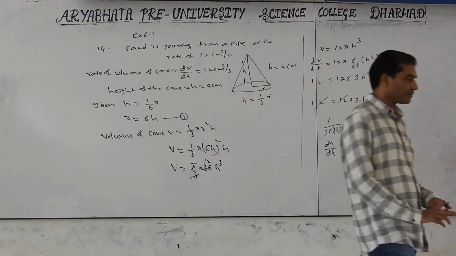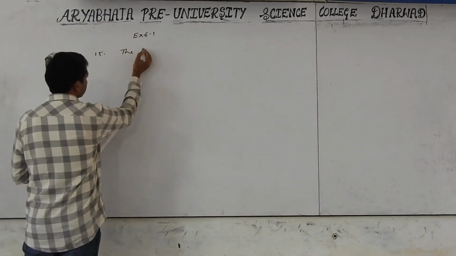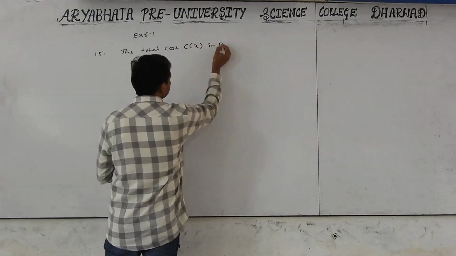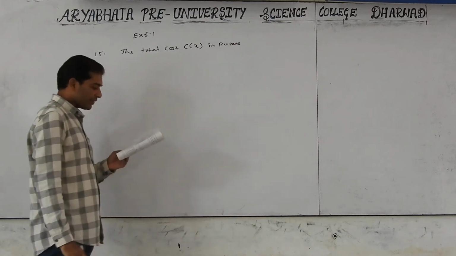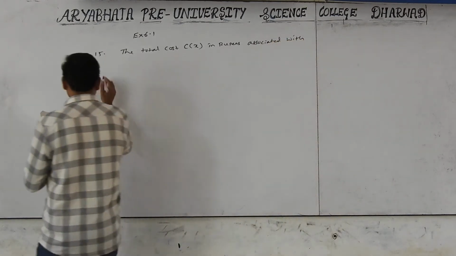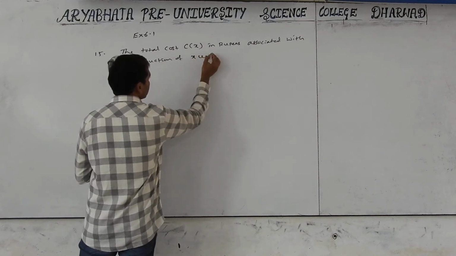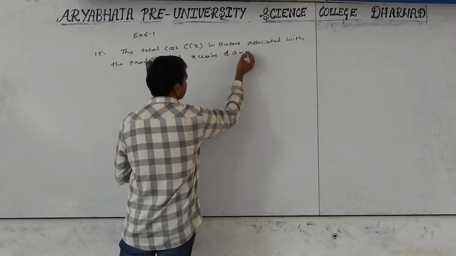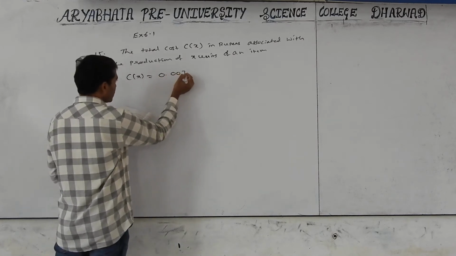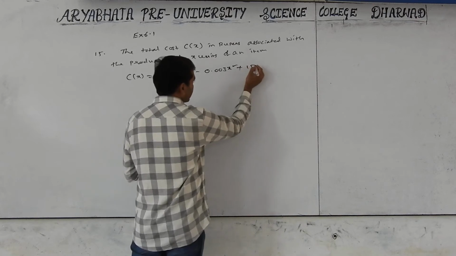Most important is question number 15. The total cost C of x in rupees associated with the production of x units of an item is given by C of x equal to 0.007 x cubed minus 0.003 x squared plus 15x plus 4000.